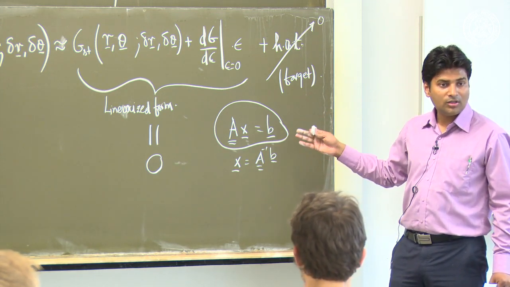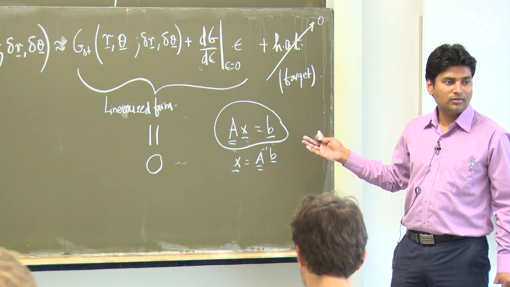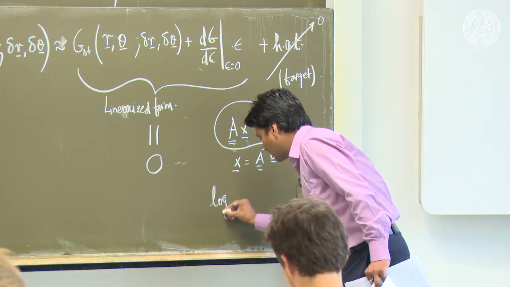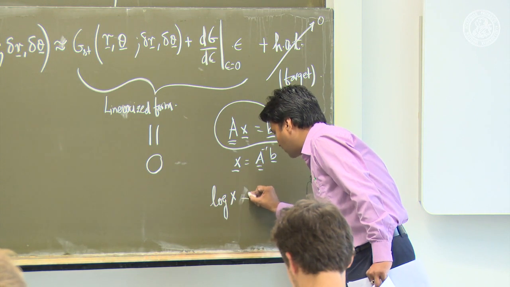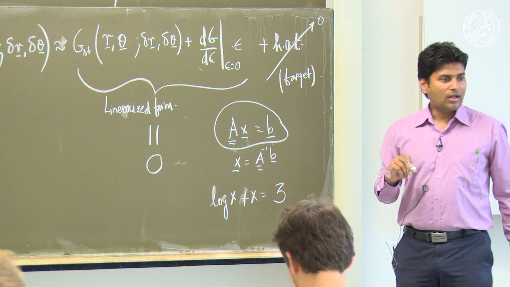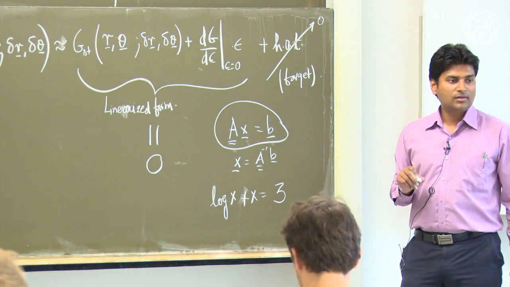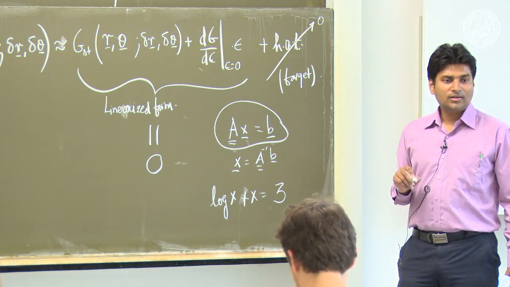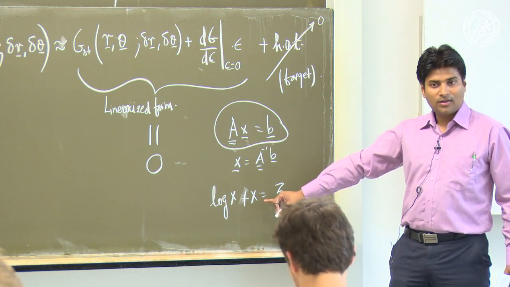But when we have a nonlinear equation, then we do not know how to solve it. Just think of log x plus x equal to 3, and I want to find out x so that this is satisfied. Can you solve it? We have to first see that this is nonlinear in x.